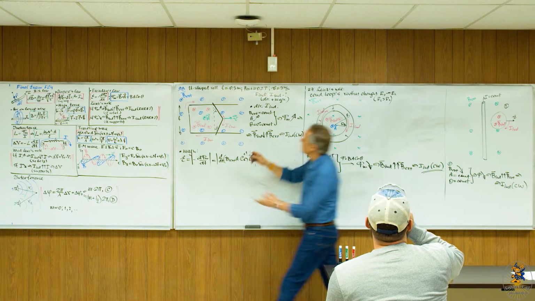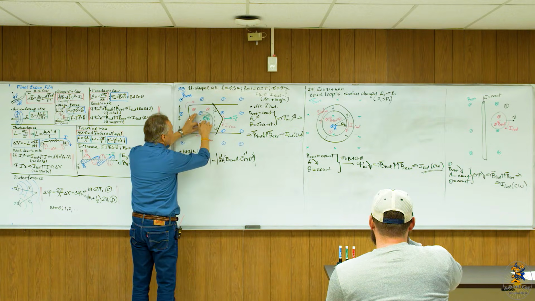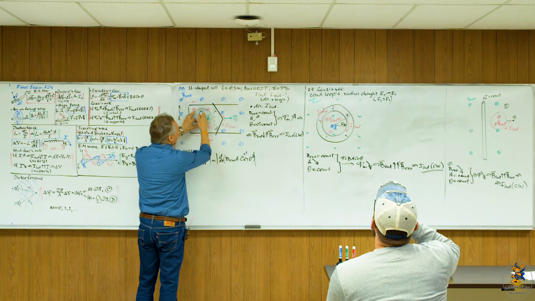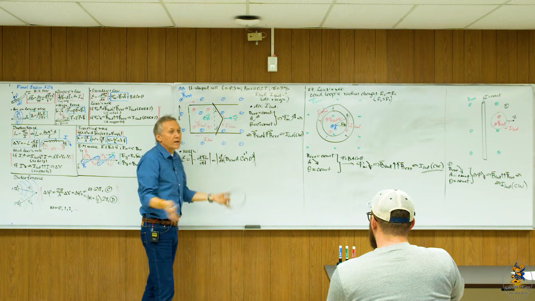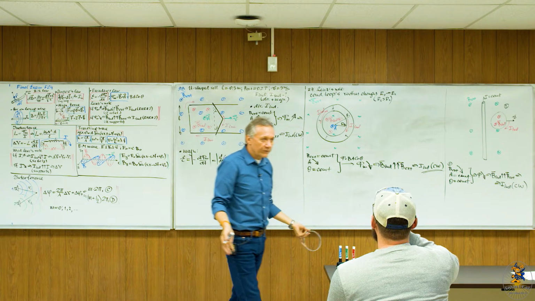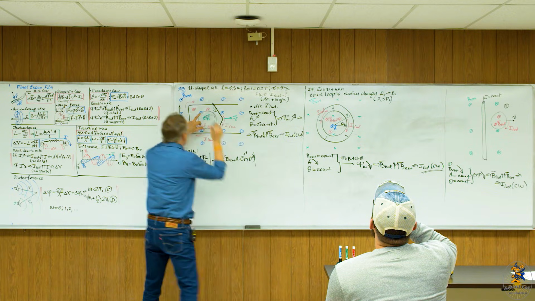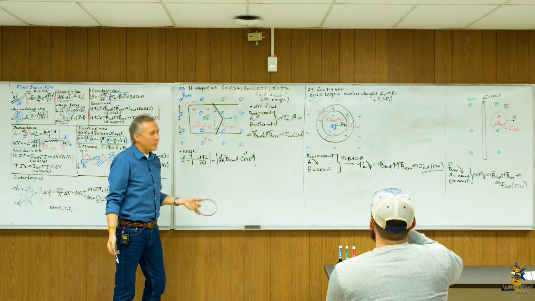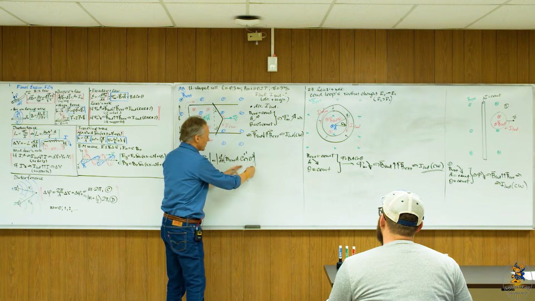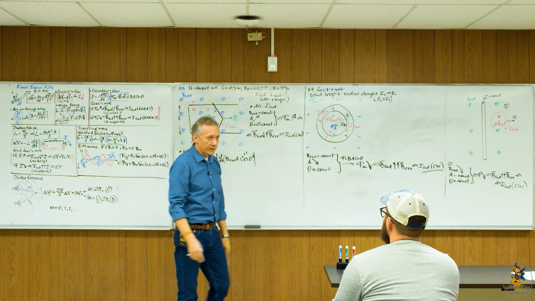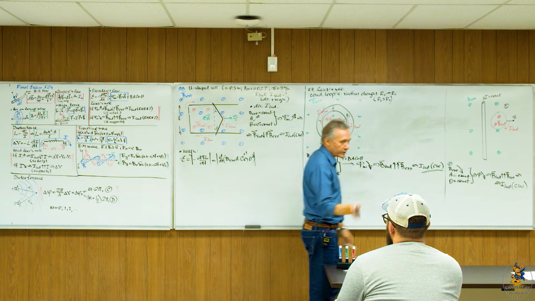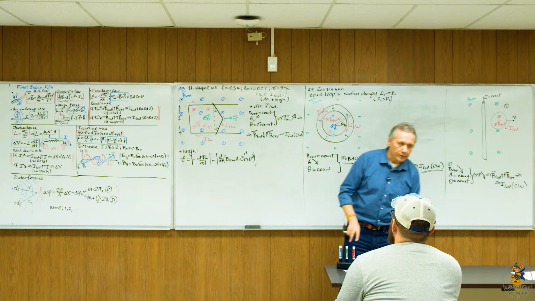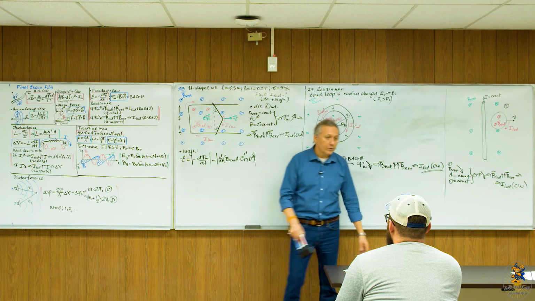In this case, this is my loop, and I decided to pick my area vector in the direction of the external magnetic field, just to make the angle 0 for the sake of convenience. If you pick it into the loop, your angle will be pi, but it's not going to change anything because we have an absolute value sign. Still, I prefer to pick a certain direction and follow it. Make sense? Again, it's an open surface.